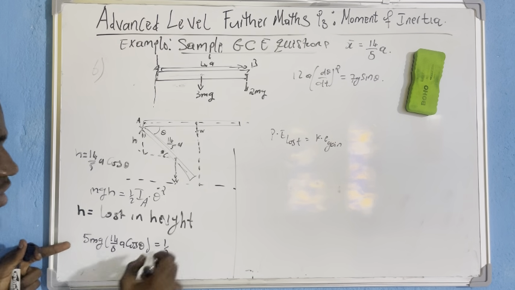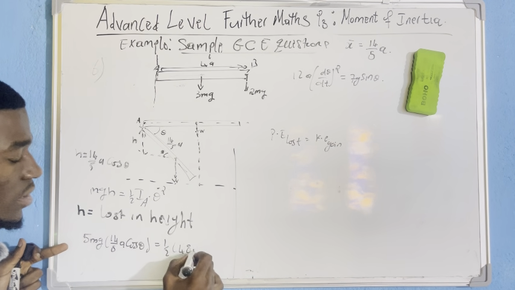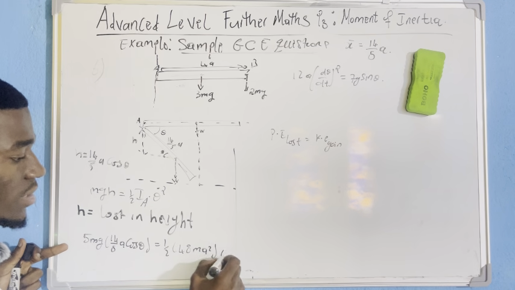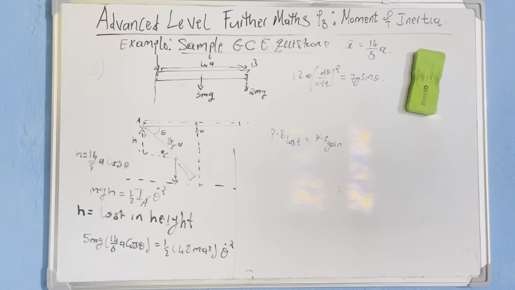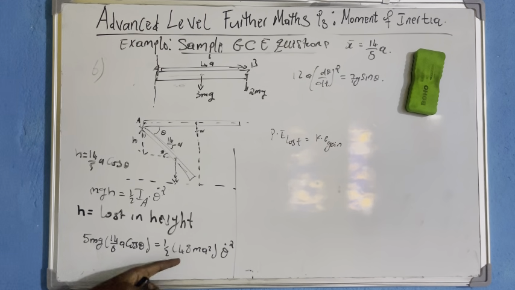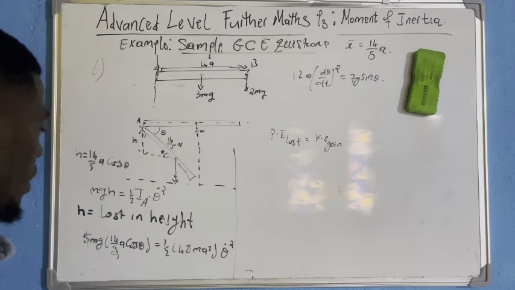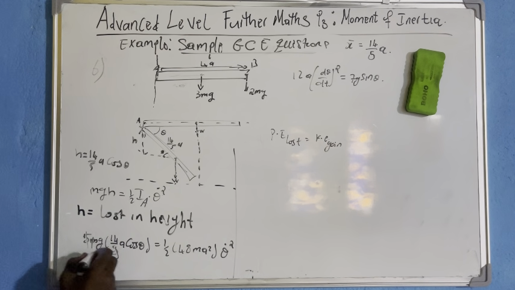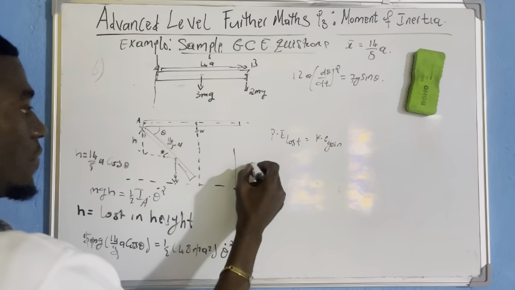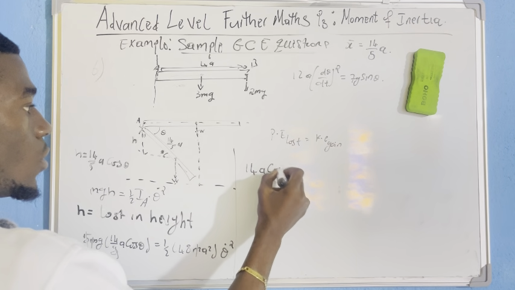It was 48 ma squared, then theta dot square. So let us see how the proof will come out. This 5 here, we cancel here. M here, we cancel here. I will stay with 14a cos theta.